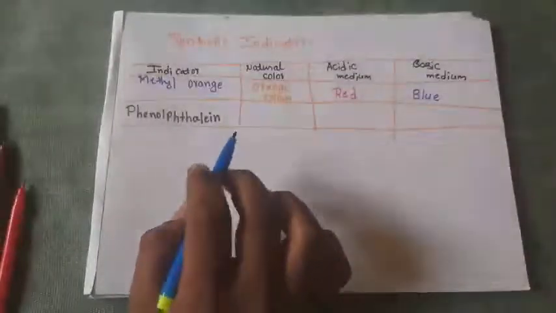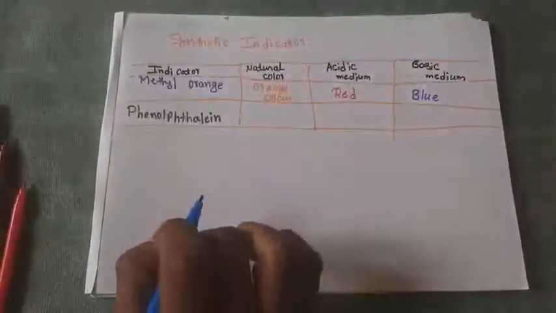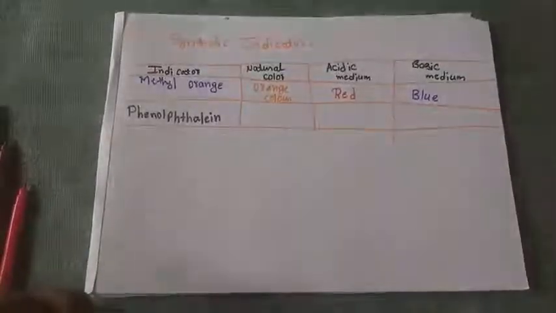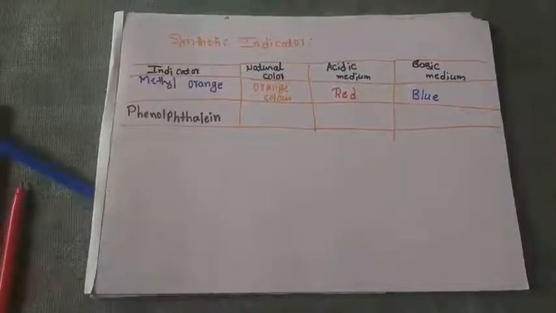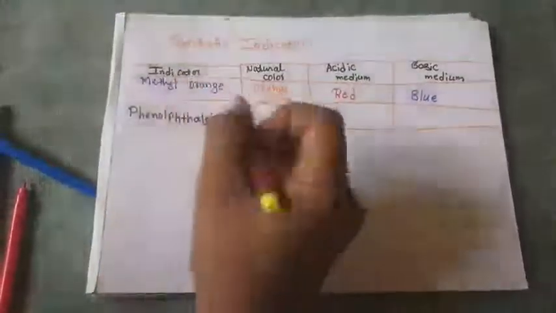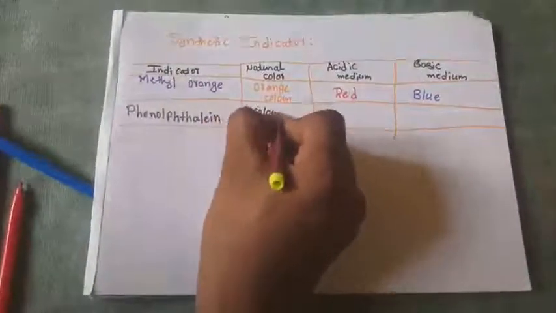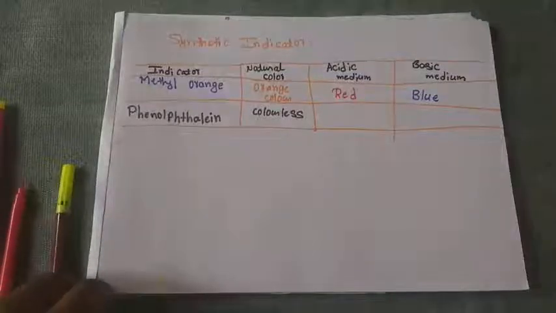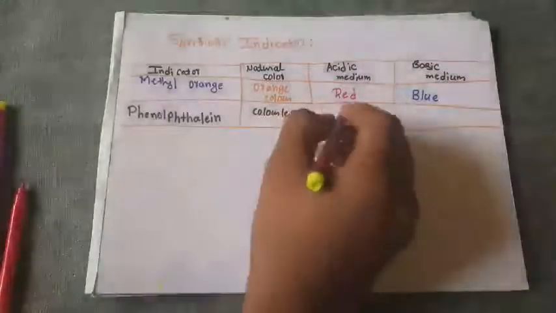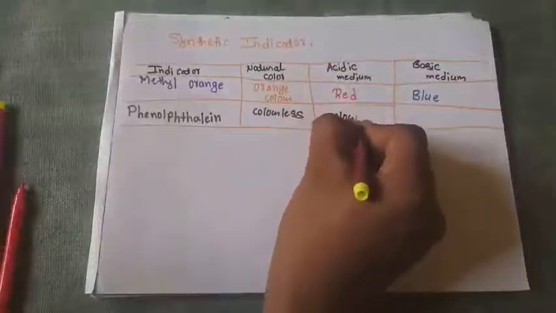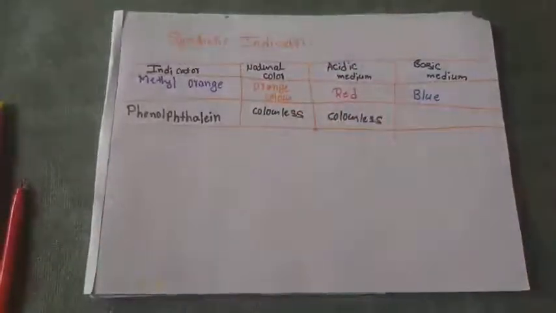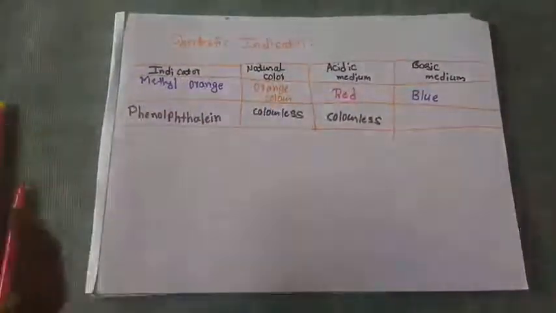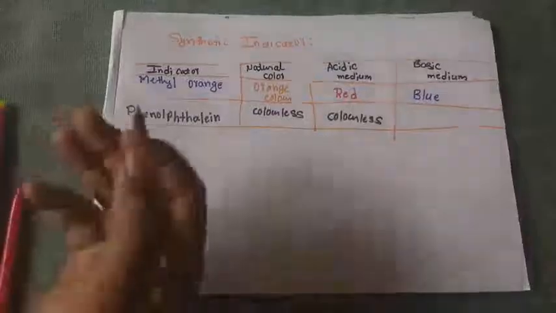One more important synthetic indicator is phenolphthalein. The natural, original color of phenolphthalein is colorless, and in acidic medium also it is colorless. When you add phenolphthalein to the given substance, if it stays colorless, then the given substance is acid.